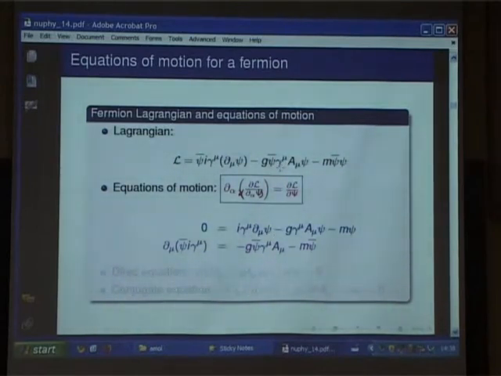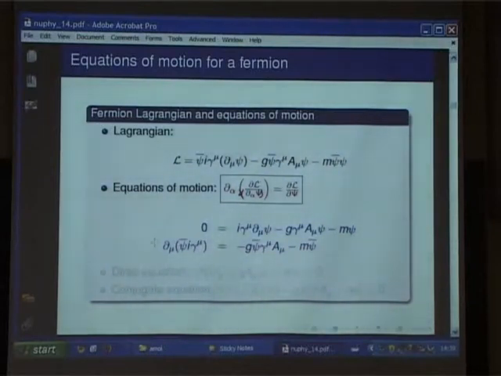The second term gives minus g gamma^mu A_mu times psi. The third term simply gives me minus m times psi. So I have simply used the equation of motion, and this basically should be the Dirac equation, which if you see it indeed is.